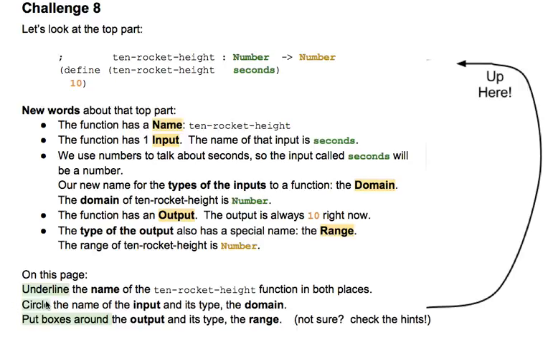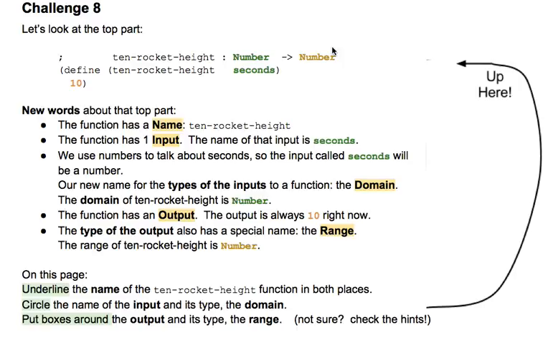I want you to circle the name of the input and its type, the domain. You can circle both of them all at once, or you can circle one and circle the other. And then I want you to put boxes around its type, the range. Boxes around both the output, here's the output, and the type of that output, which is number. Okay, and that's up here in the contract part.